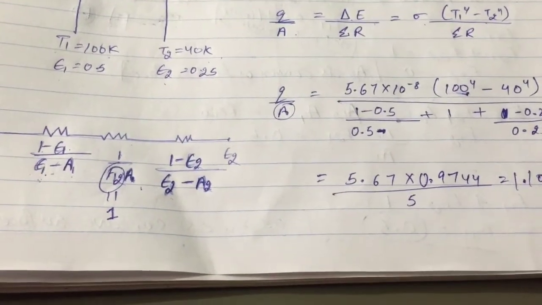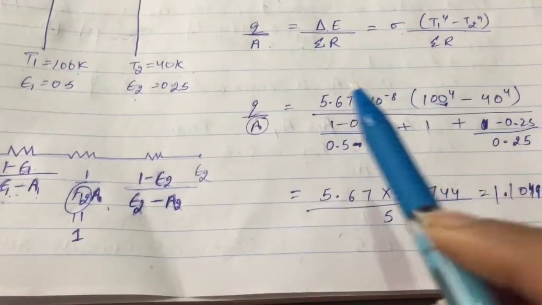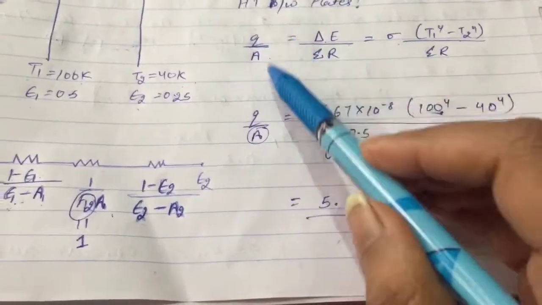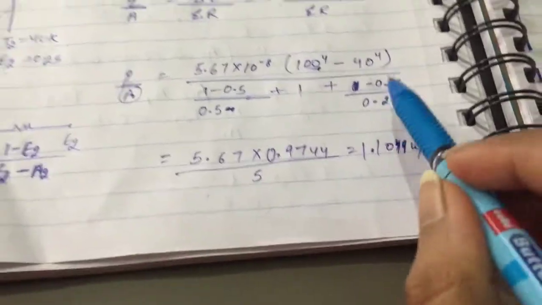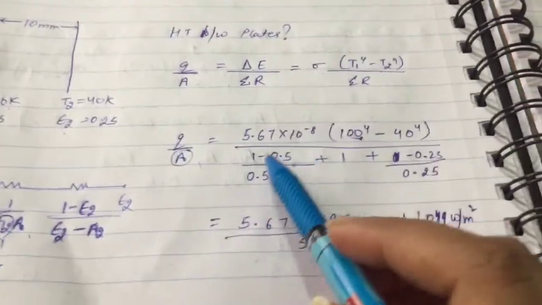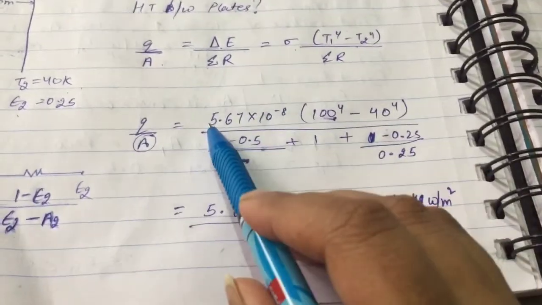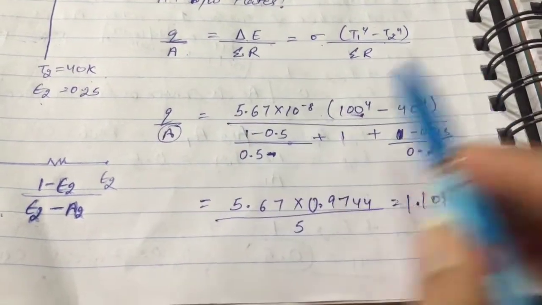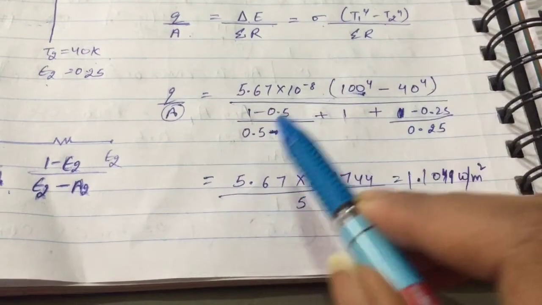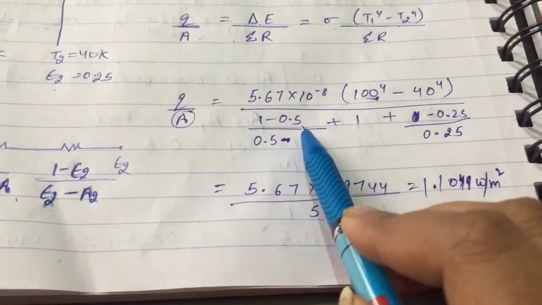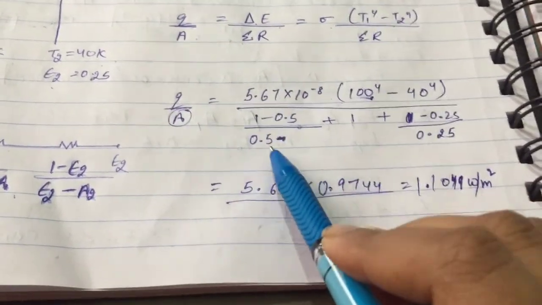So we have to calculate Q with respect to area. Our equation would come out to be the value of sigma, with temperature 1 to the power 4 minus temperature 2 to the power 4, upon 1 minus epsilon 1 upon epsilon 1.